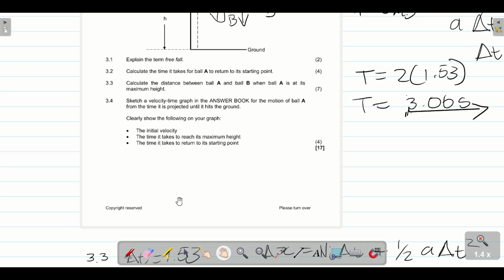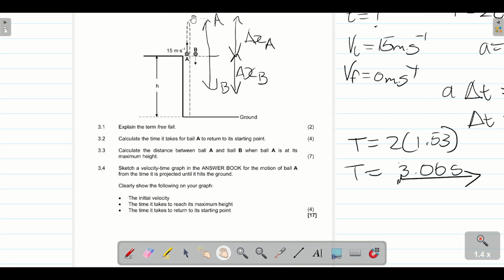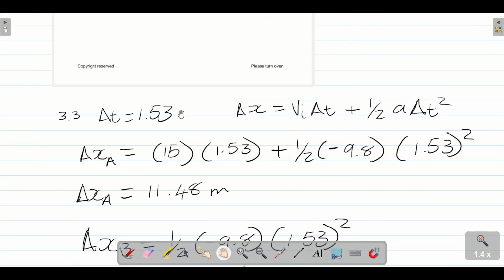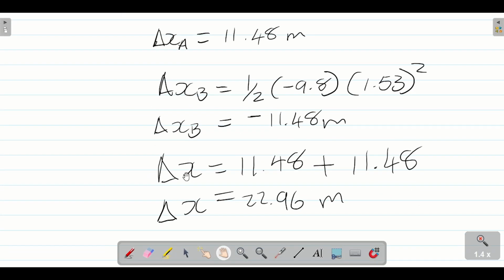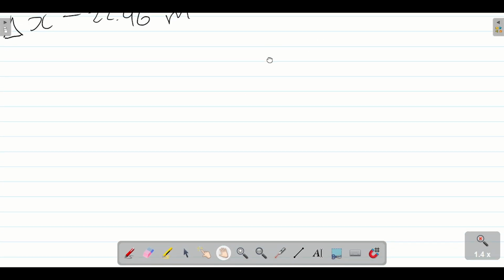We'll have velocity on the y-axis and time on the x-axis, for ball A. Ball A is thrown upwards, and we take up as positive. It gets to rest and then it moves downwards, downwards being negative. Upwards to 0 and then downwards in the negative direction. Sounds simple. Let's go and draw it, shall we?